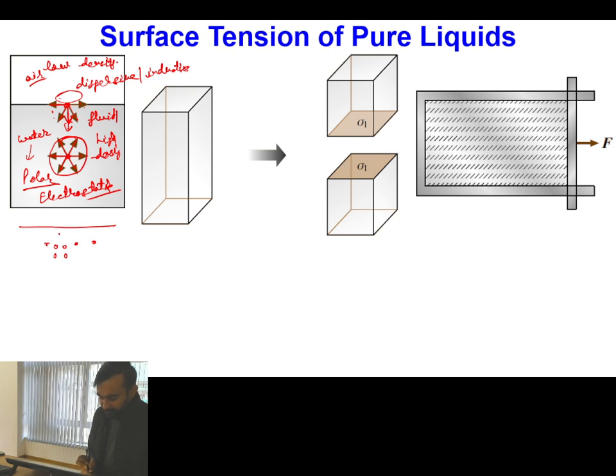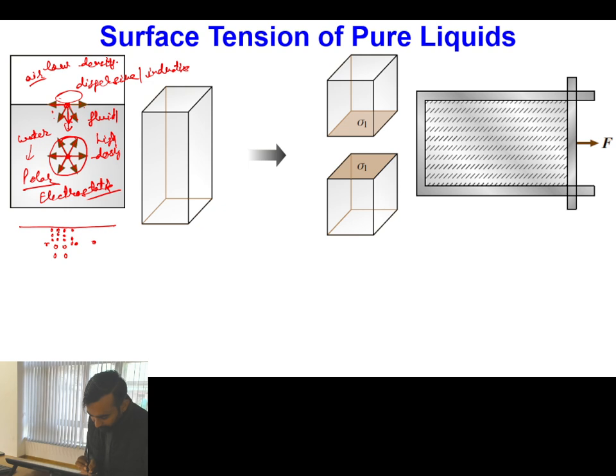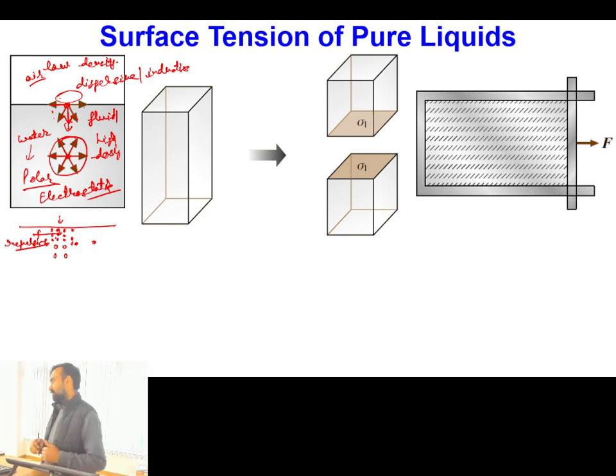Because of this effect, we typically observe that near the interface the intermolecular spacing is slightly larger in comparison to the spacing in the bulk portion. Now when this net effect tries to move the molecule in the downward direction, the spacing between the molecules becomes small, and because of this small spacing, the net downward force acting on this molecule is balanced by the repulsive forces which start occurring because of the decrease in intermolecular spacing.